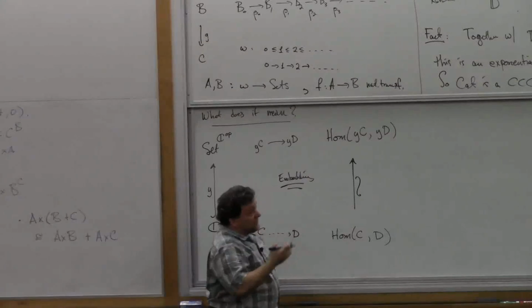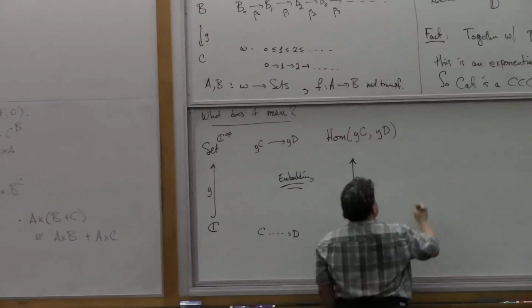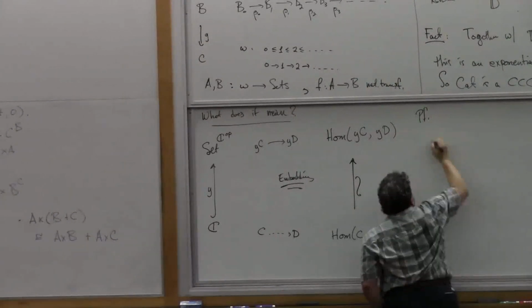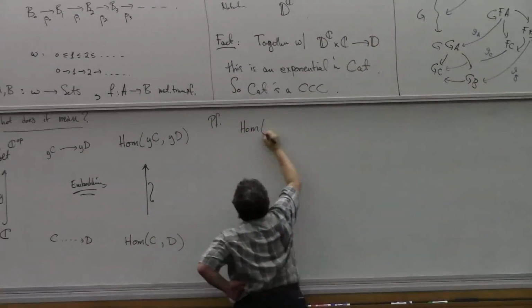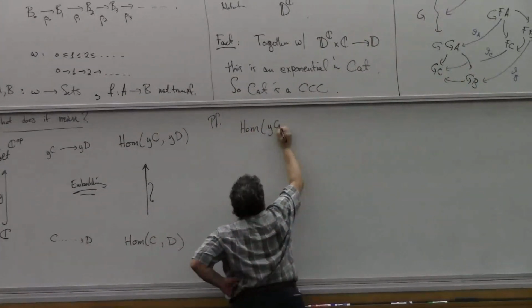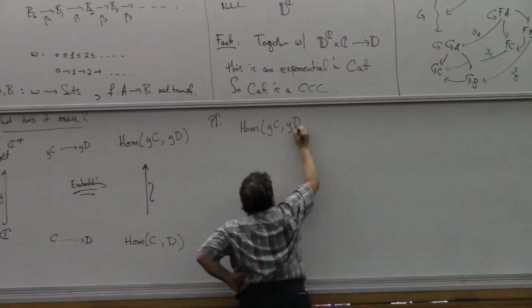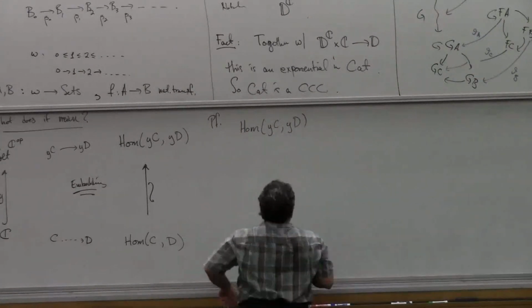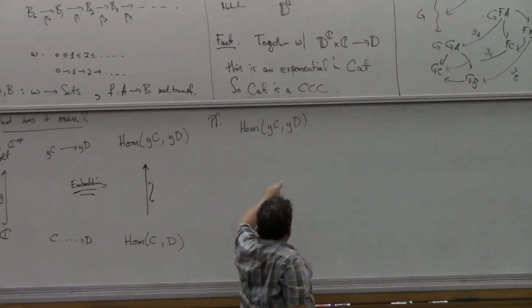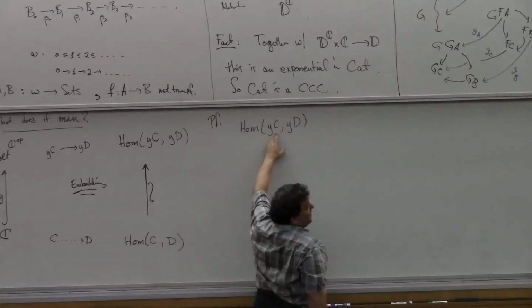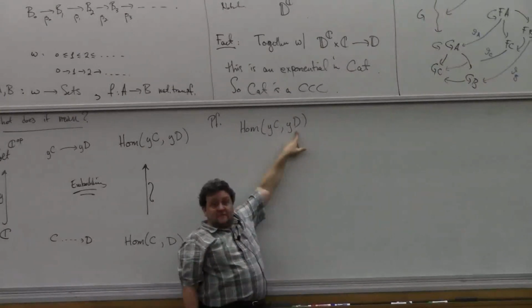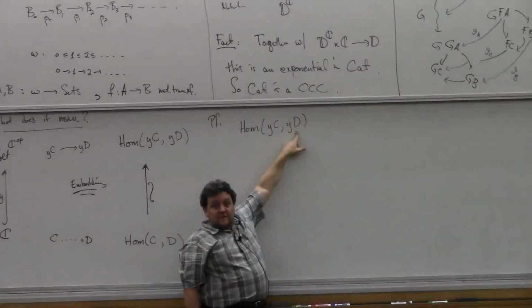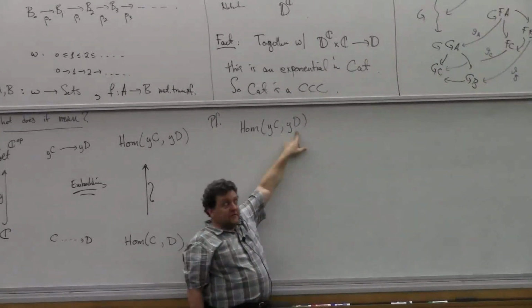And it follows in two lines from the Yoneda lemma. There's the proof. Let's consider Hom(YC, YD). Well, this has the form Hom(YC, F), for YD being F. Take F to be YC.